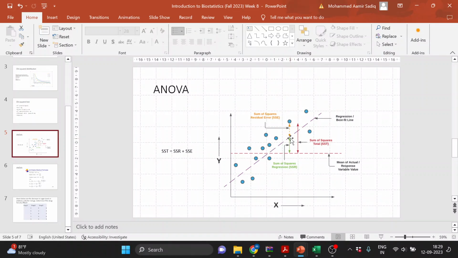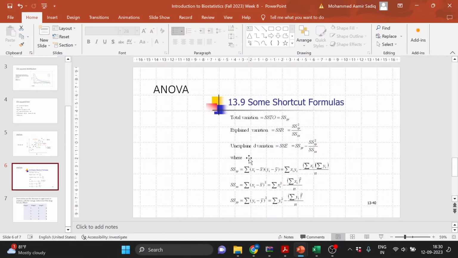The distance of this predicted point from your mean, which is yi predicted, the value predicted for the ith x value, minus y bar. You square that and you do this for all the points and you add all of those, you get what is known as sums of squares of regression. In other terms, this is your variance explained. It's called SSR. What is SSR?